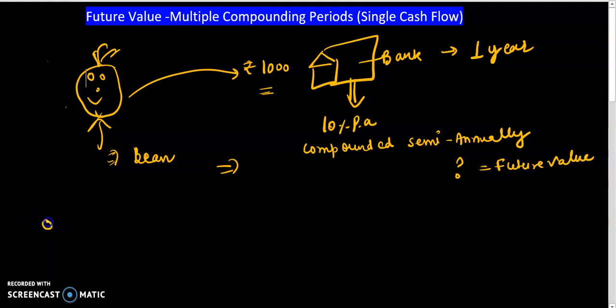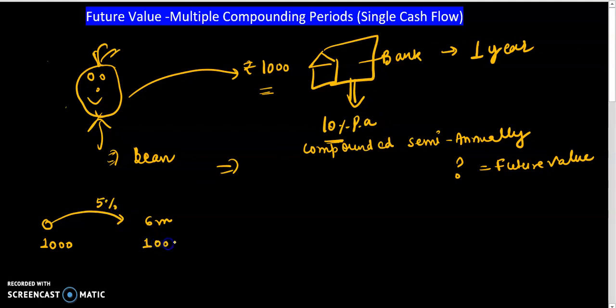Okay, let's say this is time 0, 1000 deposited in the bank, and after 6 months, bank will pay interest to Mr. Bean. Now, please note 10% per annum is the annual rate of interest, and for the 6 months, it will be 5%.